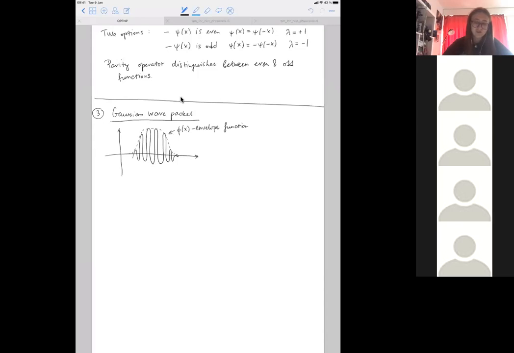Essentially, this envelope function is used to bound the function. It just tells us about the shape, the outline. And the wave function psi of x is then just this phi of x times e to the power ikx.